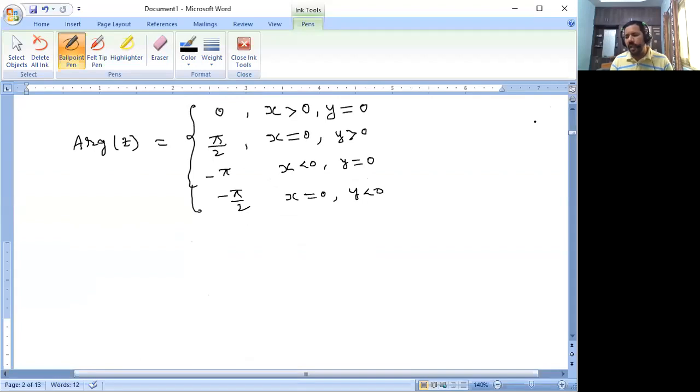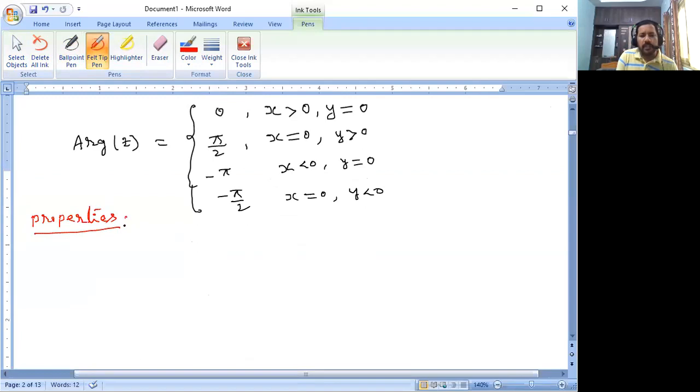the properties of amplitude of complex numbers. These are important properties. Now, if z, z1, z2 are complex numbers.